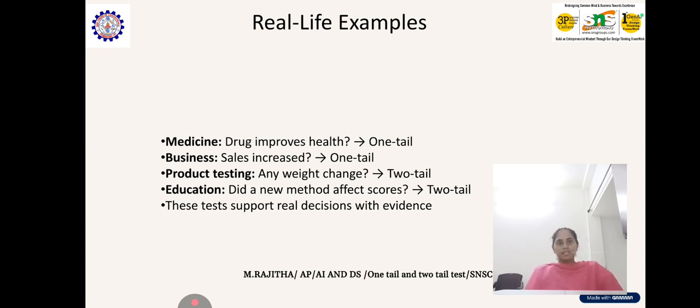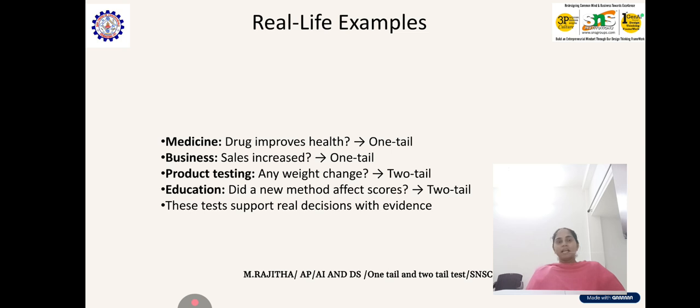In education, a one-tailed test might check if a new teaching method leads to higher scores. A two-tailed test might examine if there is any difference in scores between two groups of students. Manufacturing companies use one-tail tests to ensure that a defect rate does not exceed a limit, and two-tail tests to ensure that the product meets exact specification.